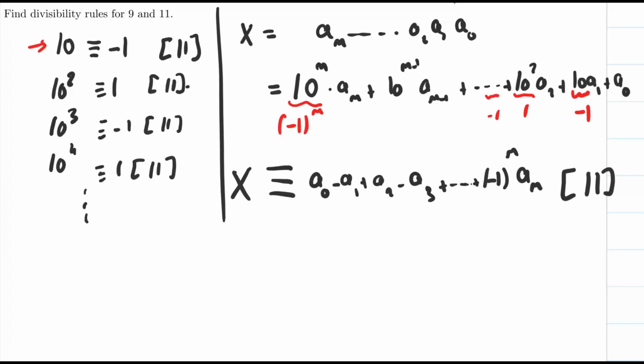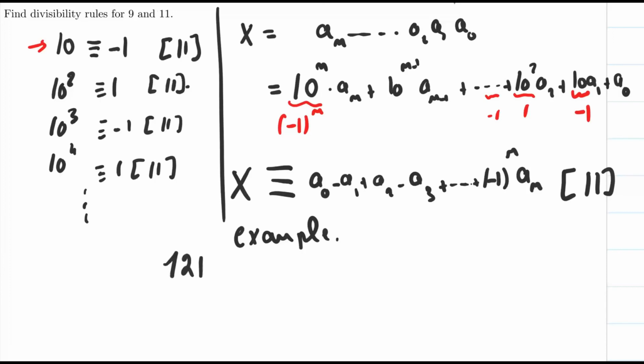And the number is divisible by 11 if and only if this alternating sum is divisible by 11. And moreover, the remainder of the division of x by 11 is the same as that of that alternating sum by 11.